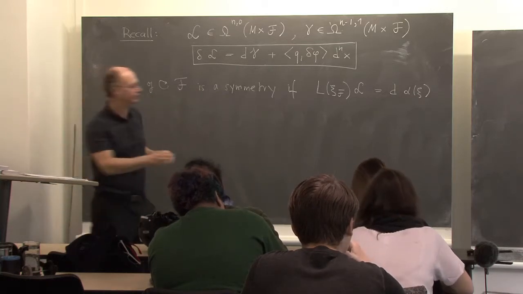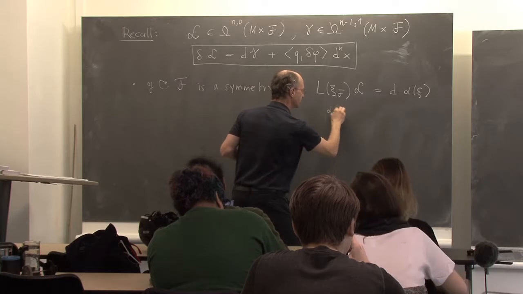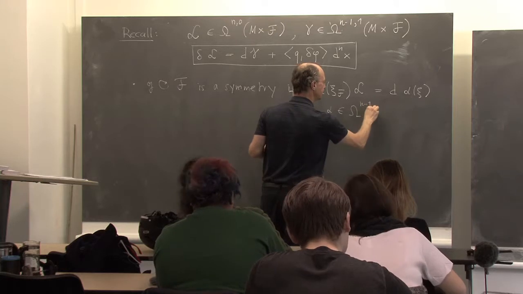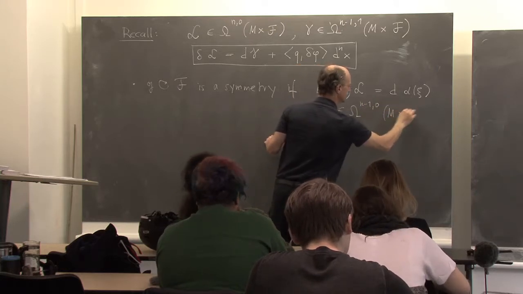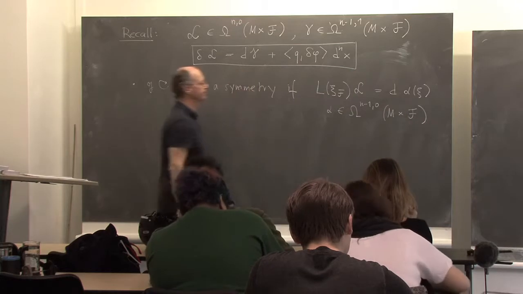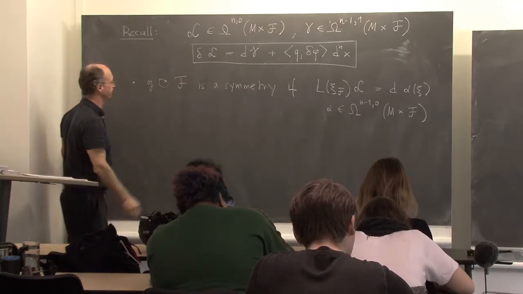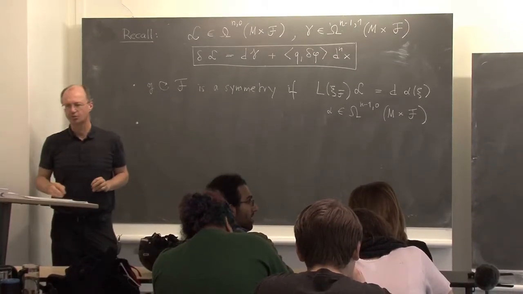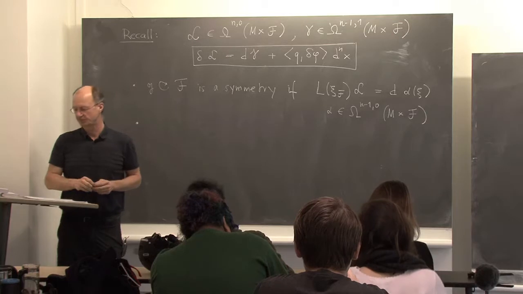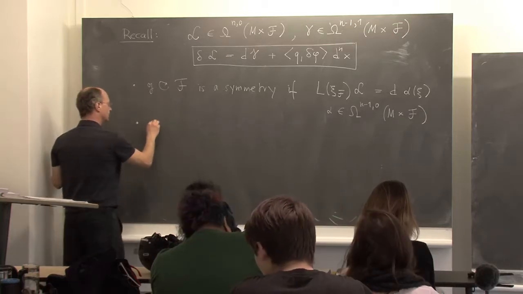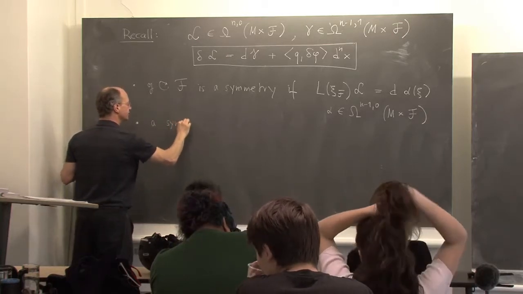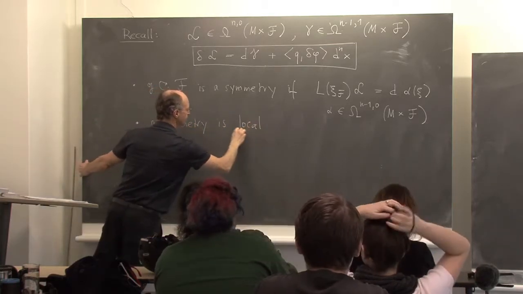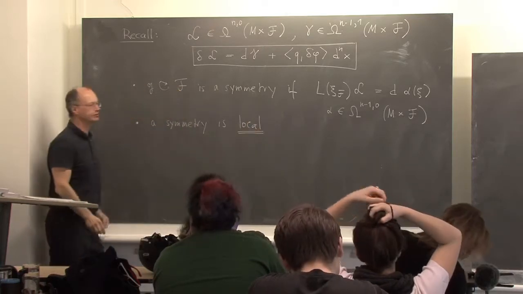So maybe I should make the bookkeeping precise. This alpha is supposed to be an n-1,0 form on M cross F. Maybe one thing that we were missing last time, and I think that's essentially why we failed to prove one of the theorems, is that we should make more precise the properties of symmetries.